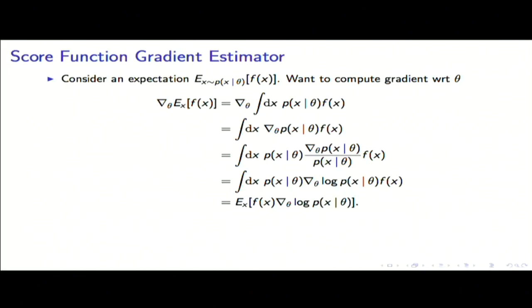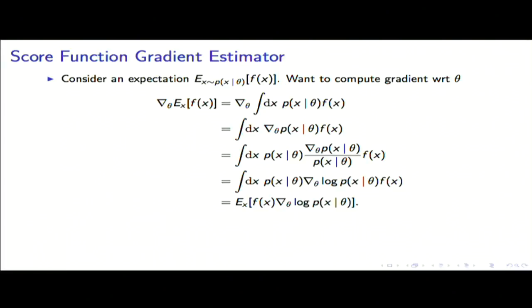So the way you can derive it is you just write down the expectation as an integral. So that's the integral on top. So we have this expression on top, grad sub theta of this integral. Then we can swap the integration and the gradient, and that turns out to be valid whenever p is a differentiable function of theta.